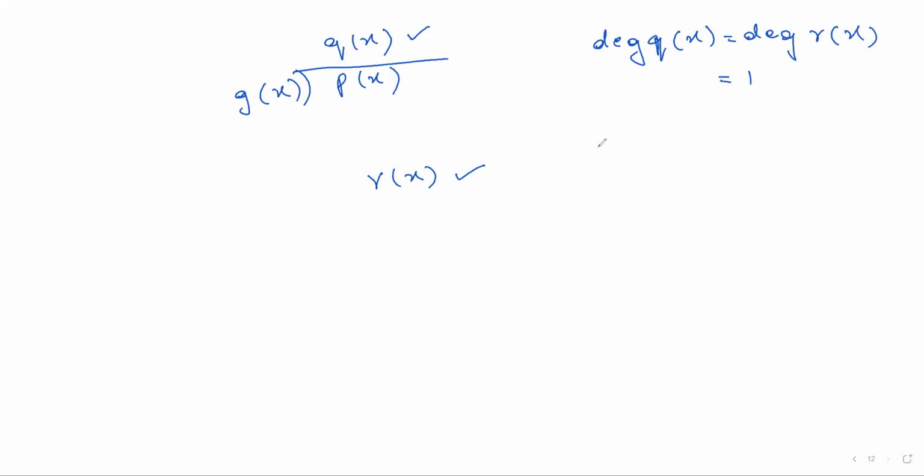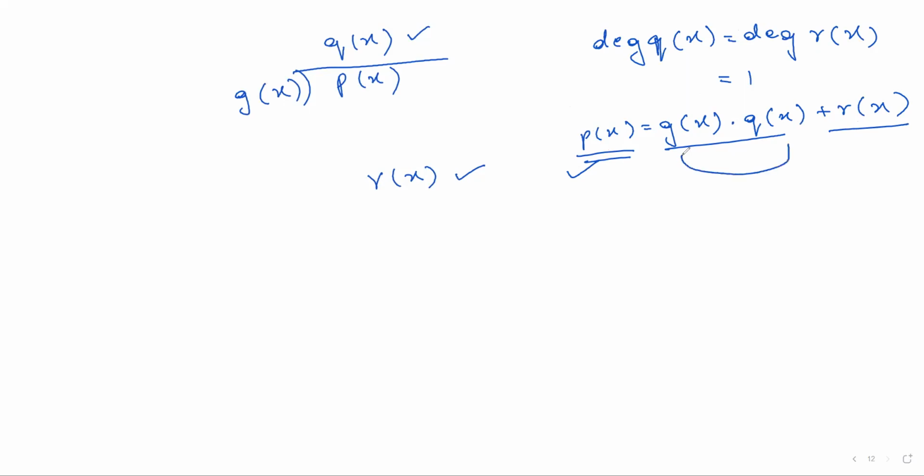So now we know that p of x is equal to g of x into q of x plus r of x. Now r of x degree will always be less than your g of x. But the degree of p of x depends on this term and this term. And by default, we know that the degree of p of x will come from multiplication of g of x and q of x.